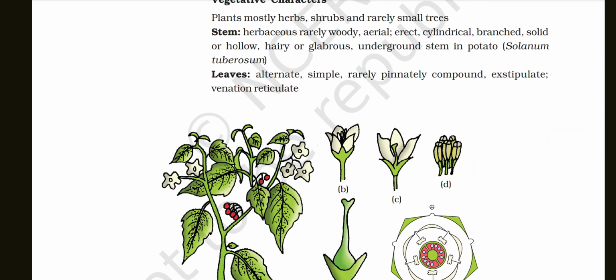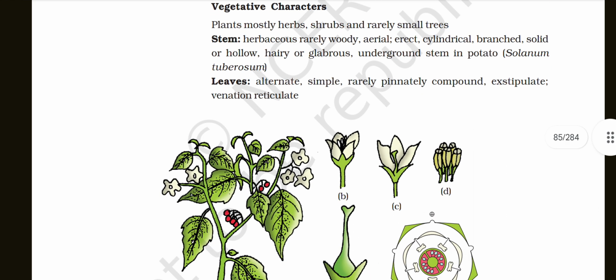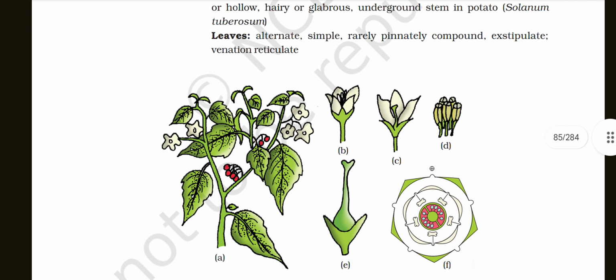Underground stem in potato, Solanum tuberosum. Leaves alternate phyllotaxy, simple, rarely pinnately compound, exstipulate, venation reticulate.